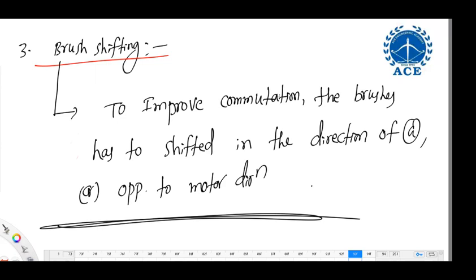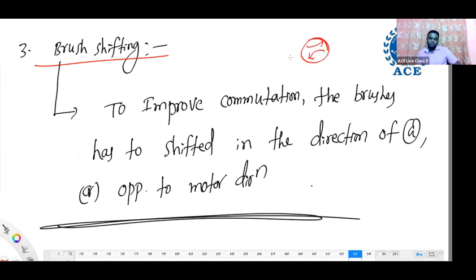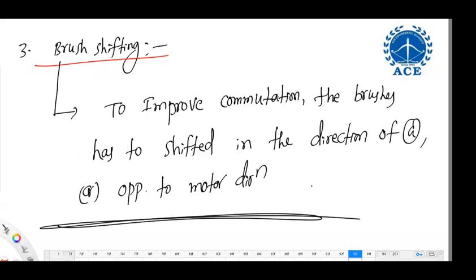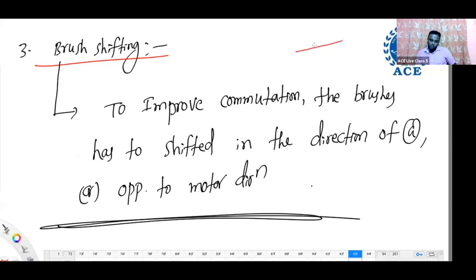That is a time variation, a time-variant flux. The current direction is changing within a short time, so the flux direction also changes, like an alternating variation, not exactly sinusoidal. And the other EMF is due to DC flux, which is time invariant.